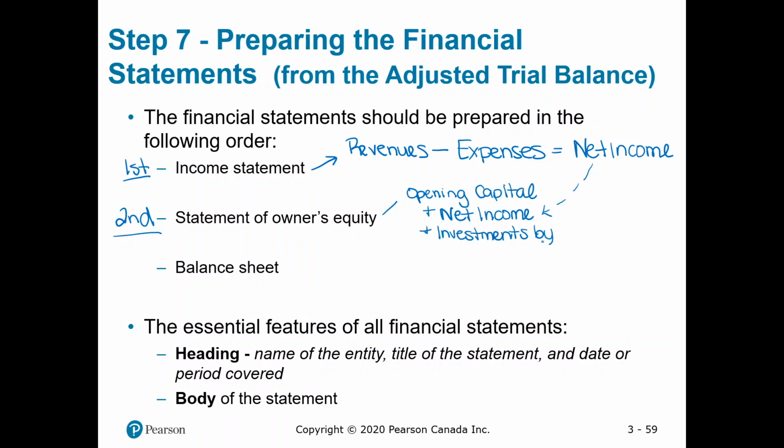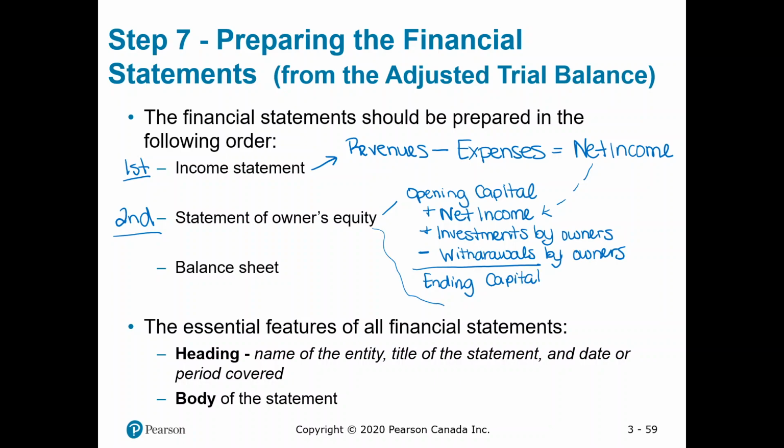So any more money or assets that they put in. And then we subtract any withdrawals from the owners. So any money they've taken out for their own personal use. And we get to our ending capital balance. So that is what is done on the statement of owner's equity.